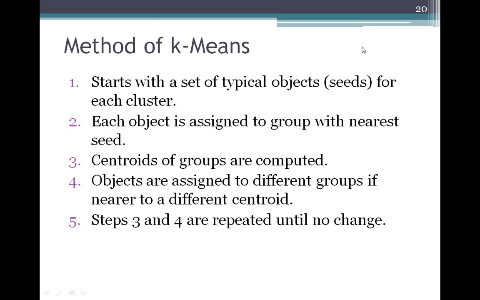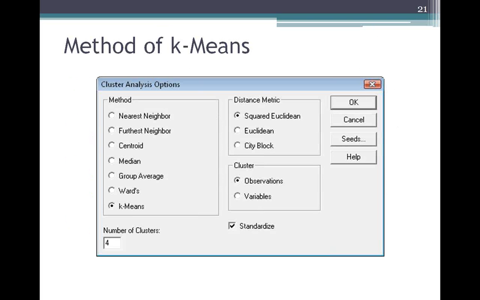Now, if you do it this way in Statgraphics, the first thing you need to do is tell it, of course, you want to use the method of k-means. The second thing you need to do is you need to press the seeds button. The seeds button is the button where you tell it what states you want to use to form the initial groups.